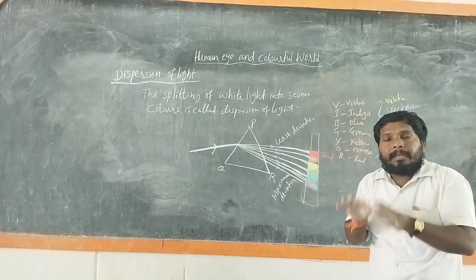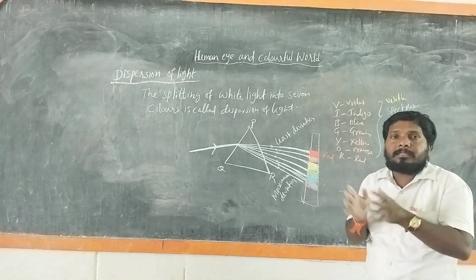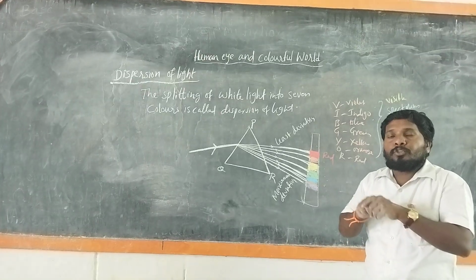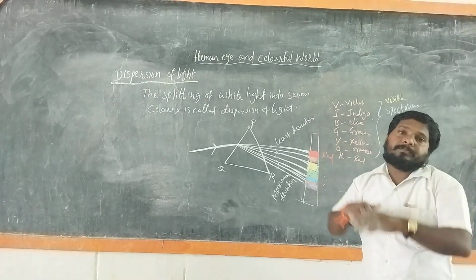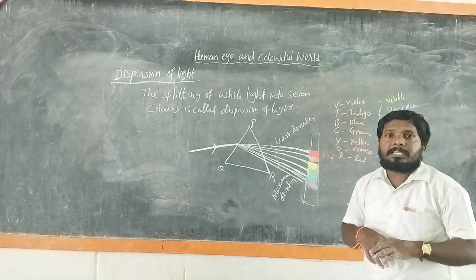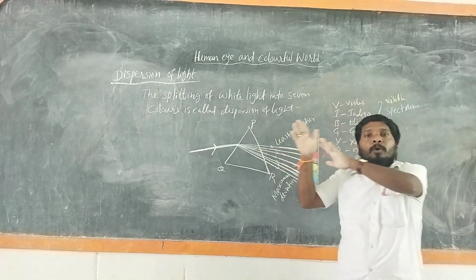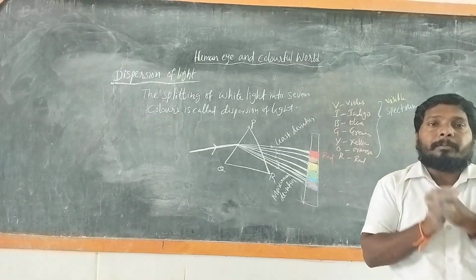Why is light deviated or refracted? As we discussed earlier, it is due to the change in the speed of light when light passes from one medium to another medium.